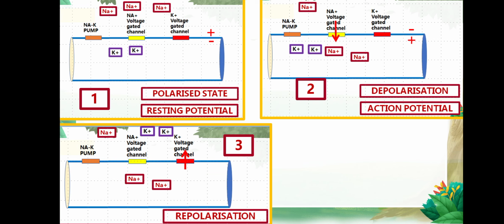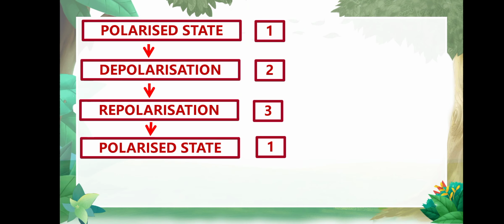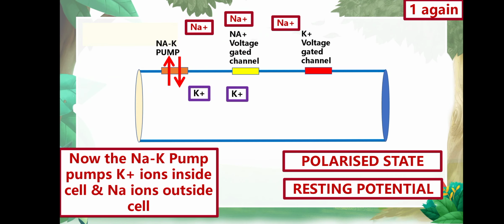And again the sodium potassium pump acts, and the polarized state is achieved in the final step. The sodium and potassium are put back at their respective places.